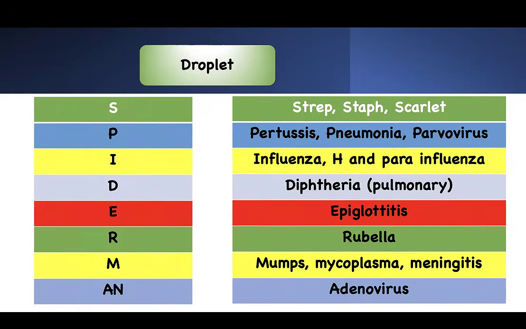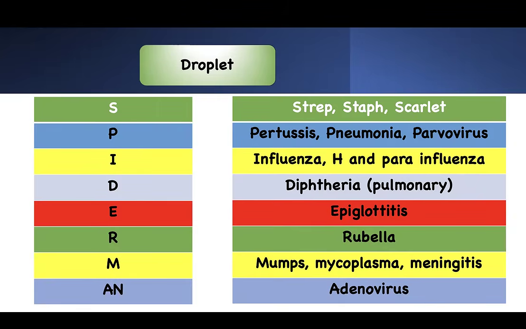Strep, staph, scarlet fever, they all cause respiratory problems. They are droplet. The P is pertussis, pneumonia, parvovirus B19. And the I, you can use anything you want, but the most common one is what? Influenza, H. influenza, or parainfluenza. These are the most common. They will ask you on the NCLEX.